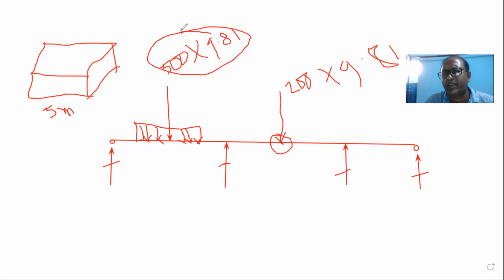How much will be 1 meter? 100. So this distributed load, instead of concentration, I can say 100 kg per meter or 100 Newton per meter. That will be more accurate. But if you take only the concentrated load, that will be less accurate. You understand now? Yes, sir.